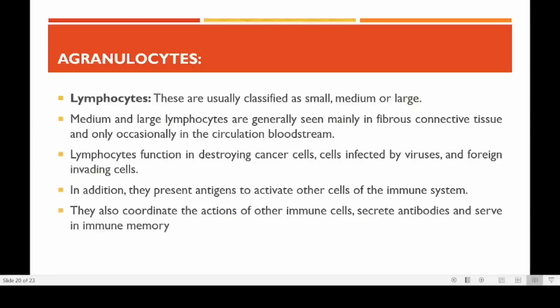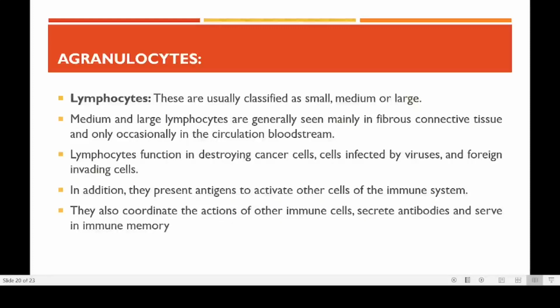Then another function, they also coordinate the actions of our immune system. They will be secreting antibodies, and they are also responsible for immune memory. Secreting antibodies means there are only a few lymphocytes, a few cells, which are capable of producing antibodies.